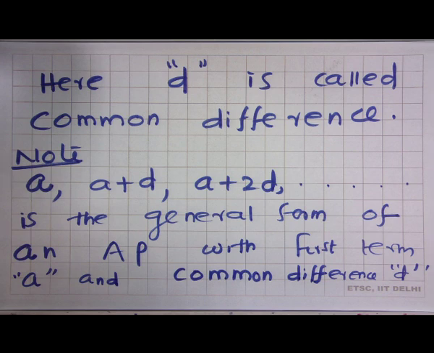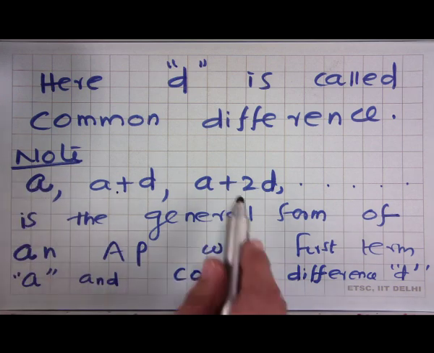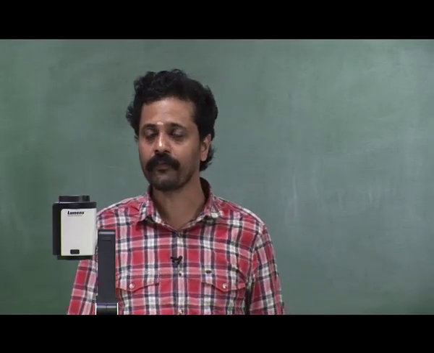Observe that when we have three terms in the AP, a, a plus d, a plus 2d, there are two common differences that you can work on: the difference between second and first, and the difference between third and second. In fact, they will be the same. If there are 5 terms, you can work with 4 common differences.